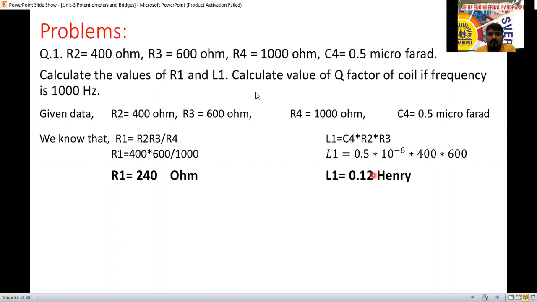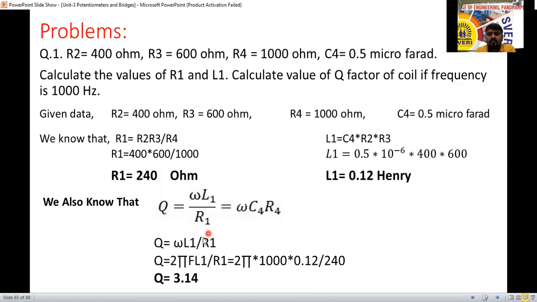Now we calculate the Q factor. You know the formula, Q factor equal to omega C4 R4, where omega equal to 2 pi F. F is already given. Otherwise, without using this formula, since L1 and R1 are calculated, Q equal to omega L1 by R1.